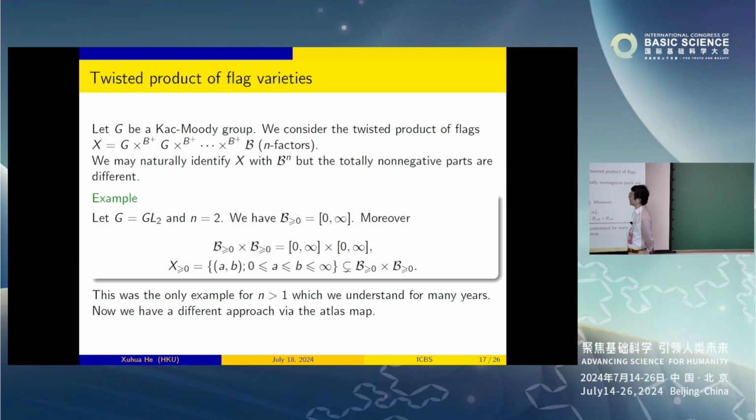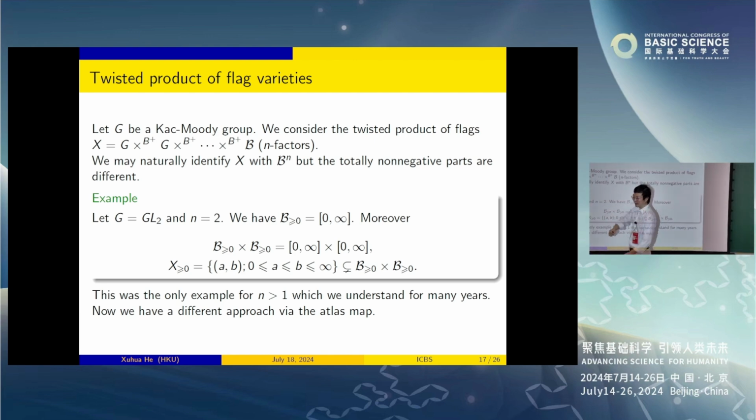The problem is that if you start with something like this and you want to understand the closure, you pick a sequence of points and you want to see the limit. If some of the coordinates go to infinity, then you're going to affect all the other terms on the right hand side, and it becomes quite tough.